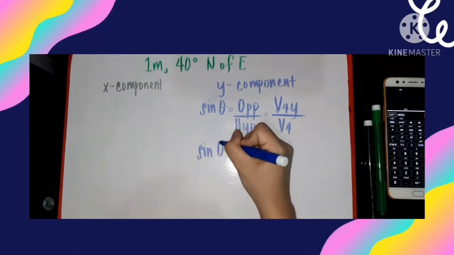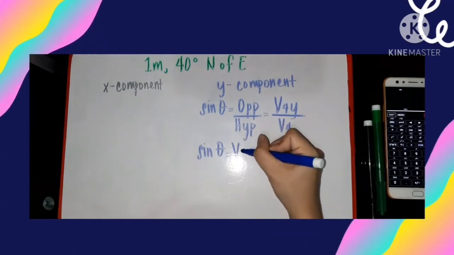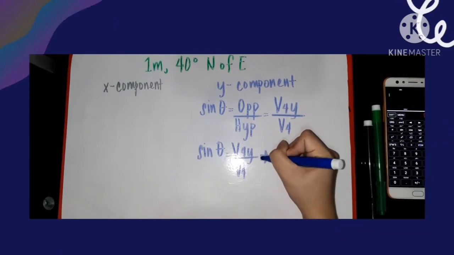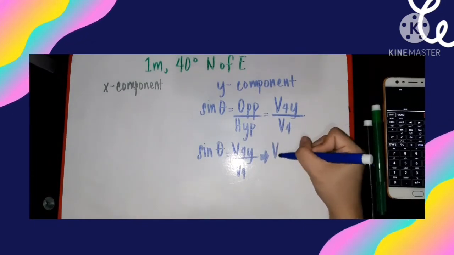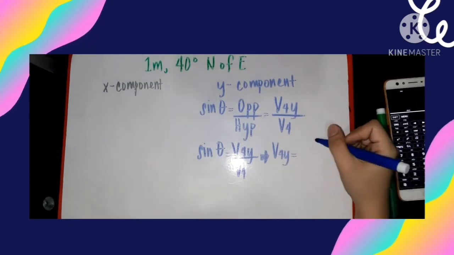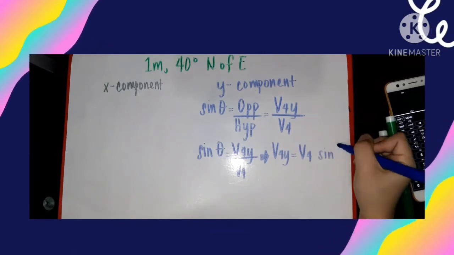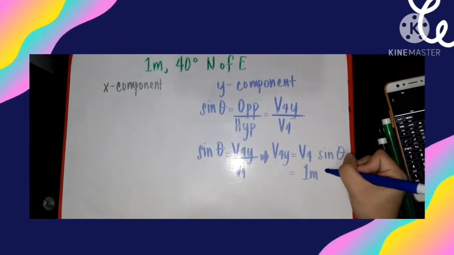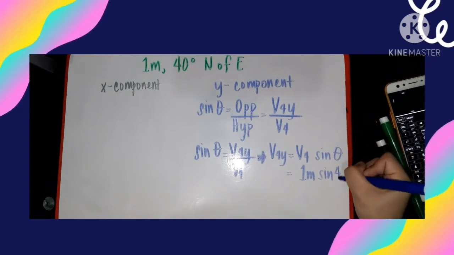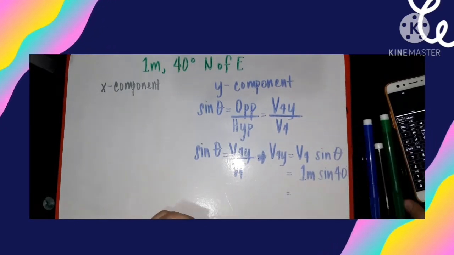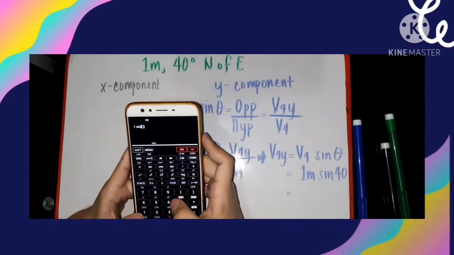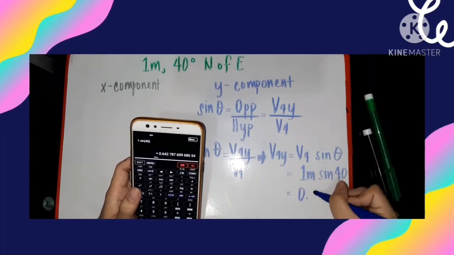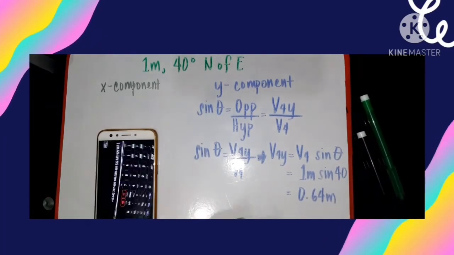Substitute the sin theta is equal to V4y over V4. Cross multiply to V4y equal to V4 sin theta is equal to 1 meter sin 40. We will use calculator. 1 meter sin 40 is equal to 0.64 meters.